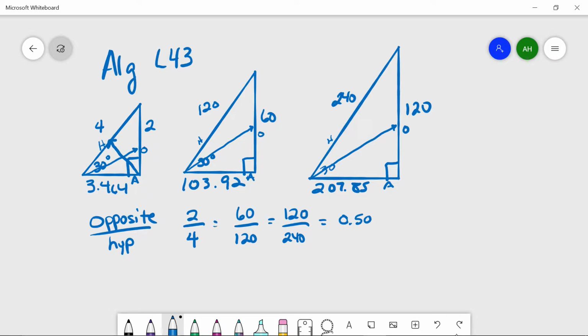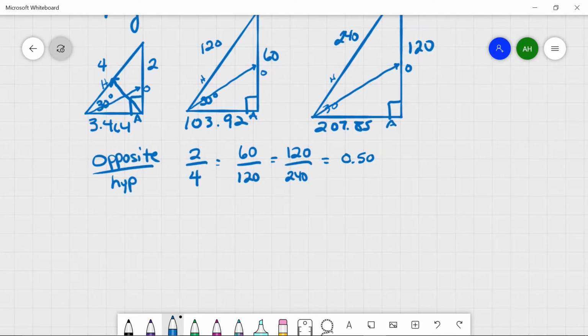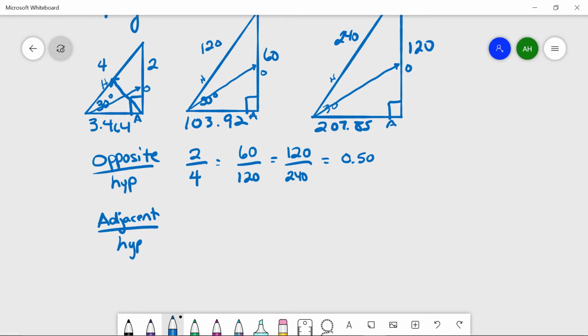Okay? Well, let's look if I take the adjacent side and divide it by the hypotenuse. So this is going to be my adjacent side. I'm going to divide it by the hypotenuse. Okay, my adjacent sides are 3.464 divided by 4.